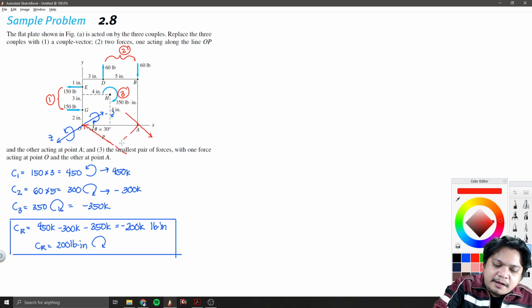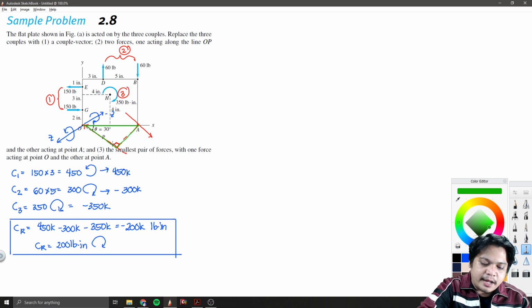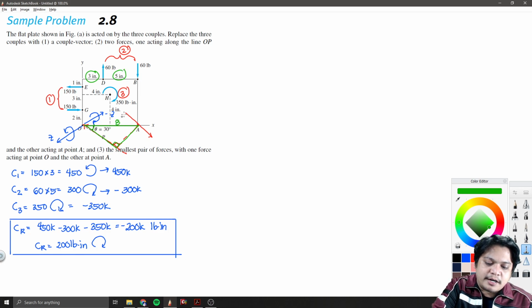Pero, dapat, makakuha tayo dun. And that should be your perpendicular distance. Now, when it comes to the perpendicular distance, para akong nakapag-create ng isang right triangle na meron akong 30 degrees doon. Okay? And then this distance is 3 inches plus 5 inches. So, this is around 8.